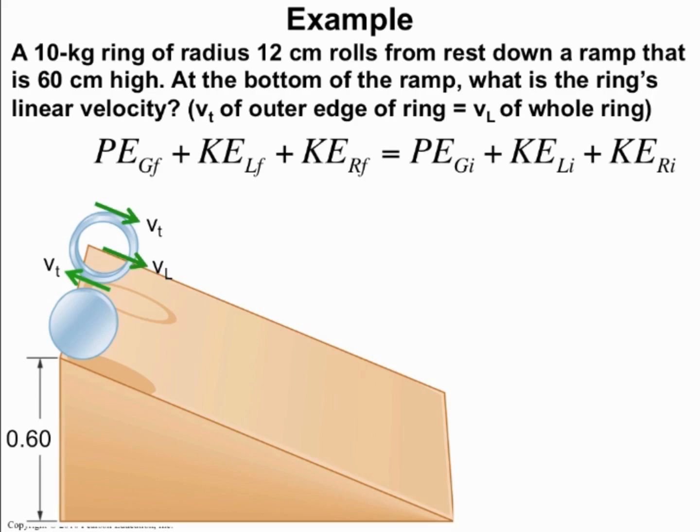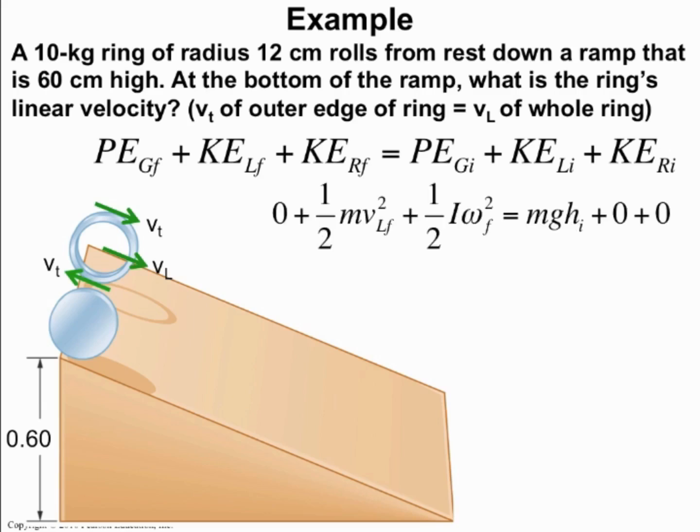I'm going to walk you through this example, and then I'm going to have you do the next one on your own. So PEGF, it ends at the bottom, and so it has a final gravitational potential energy of 0.